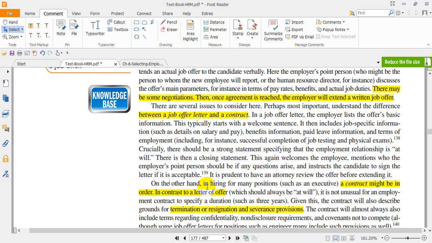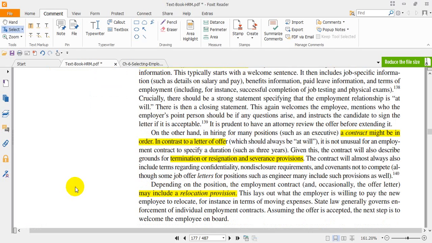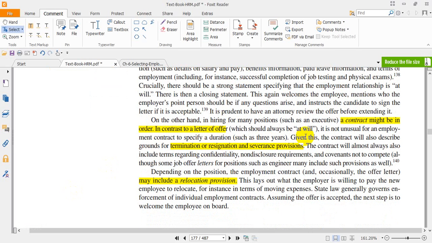On the other hand, in hiring for many positions, such as executives, a contract might be in order. In contrast to a letter of offer or offer letter, which should always be at will. It is not unusual for an employment contract to specify duration, such as 3 years.